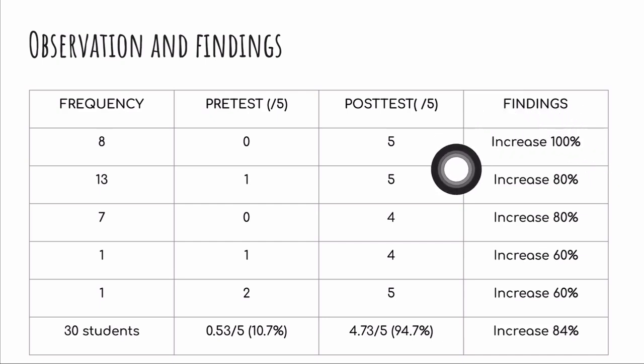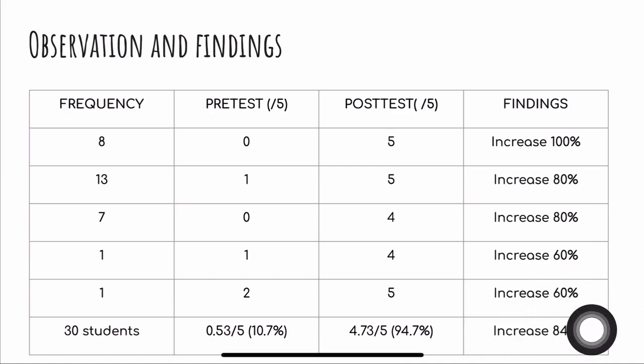So we find that there are 100% of increase in the post-test performance compared to the pre-test questions. And overall, in the 30 students included in the study sample, there are 80% of increase in performance for their post-test questions.